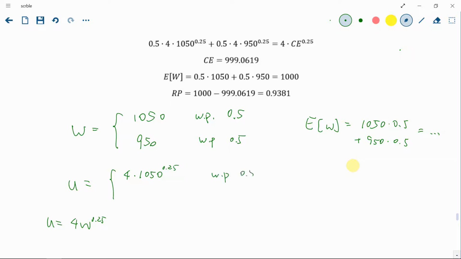The probability measure never changes, so we have different numbers, but the probabilities are the same. So this is 950 with probability half. So that's why our expected utility is the same way, just this first number times 0.5 plus the second number times 0.5.